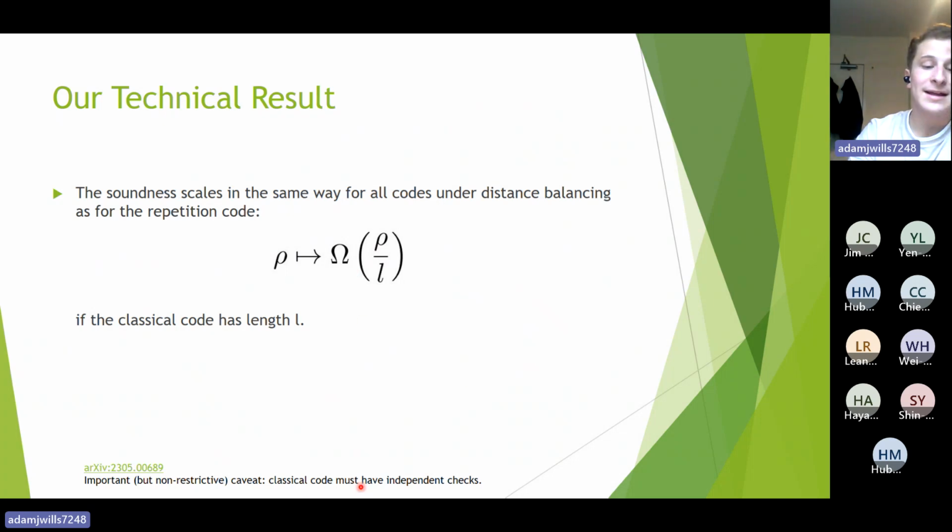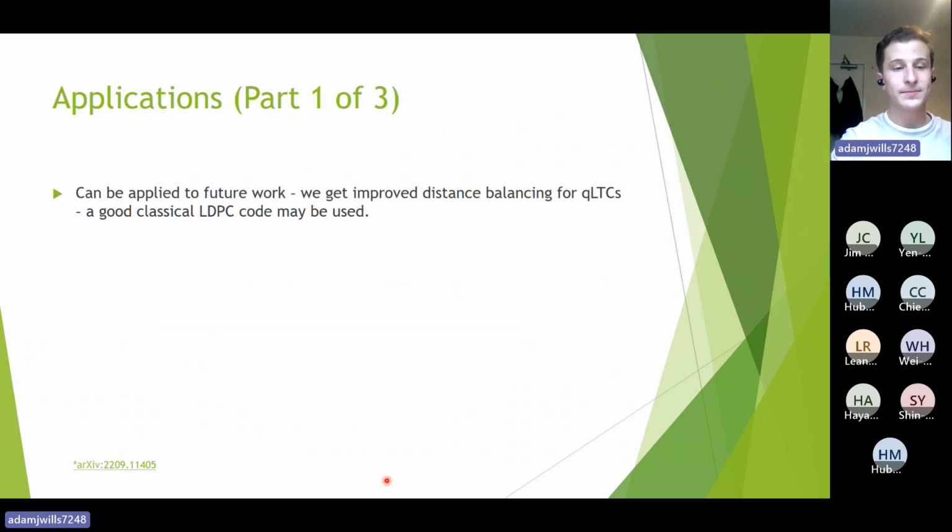An important caveat is that, again, the classical code must have independent rows or independent checks, but that's not restrictive for us because we're going to want to apply this in the case of an optimal classical LDPC code, or a good classical LDPC code, so having linear dimension and distance and constant locality. And those are known to exist with independent checks, and that's quite easy to show. Yes, this is an important but non-restrictive caveat for us.